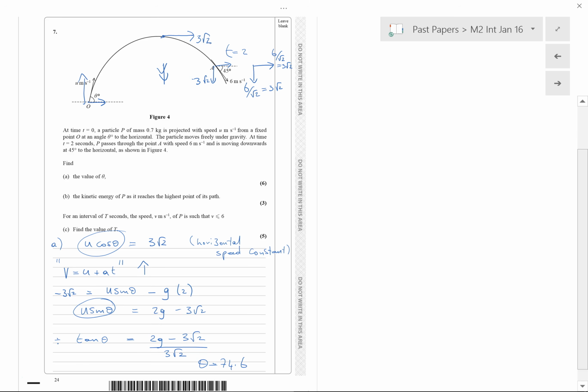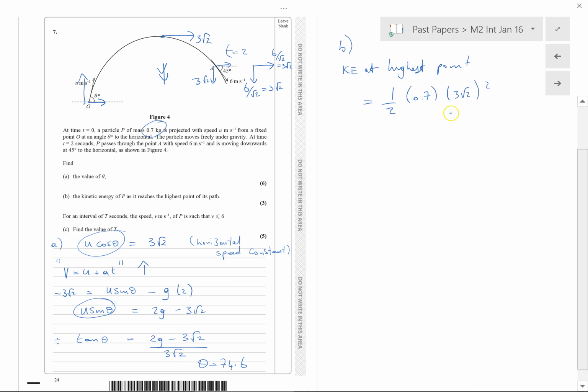Okay, we must be told the mass at some point. Yeah, the mass is 0.7. So the kinetic energy at the highest point is going to be equal to half times 0.7 times the speed, which is 3 root 2, squared.